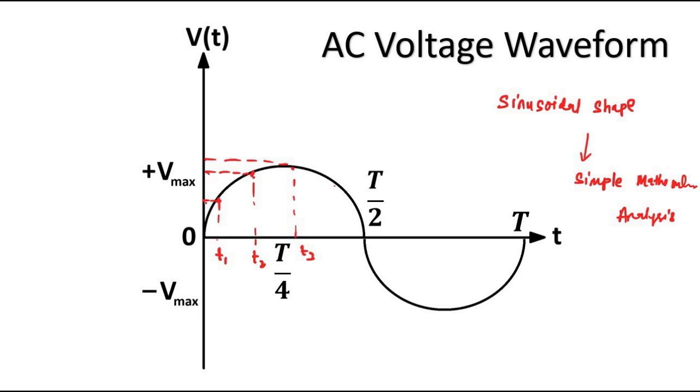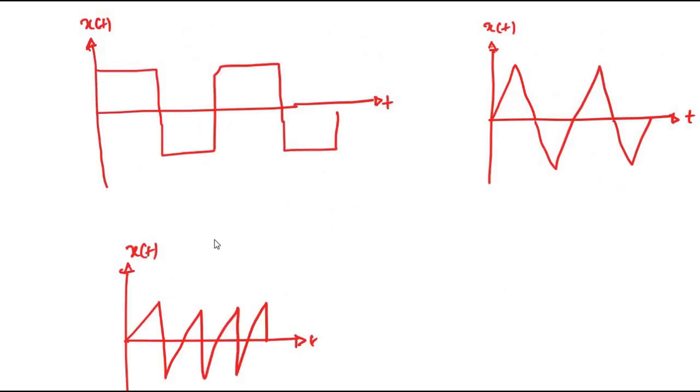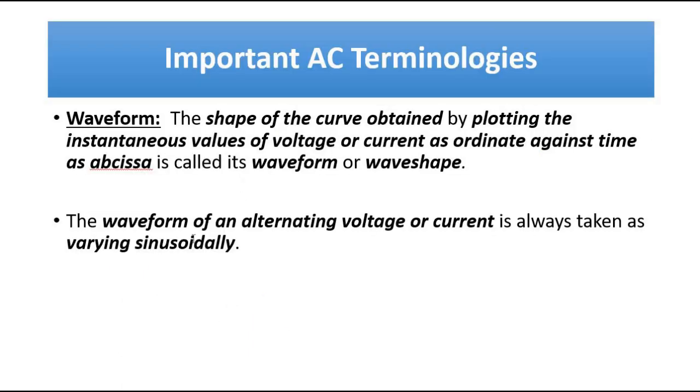By plotting the instantaneous values at different time instants, we get this kind of shape, the sinusoidal shape. That is called the waveform, the shape of the waveform. There can be other shapes as well, as we have seen: triangular, square, sawtooth, different waveform shapes. As I said, the waveform is always taken as sinusoidal for simpler mathematical analysis.